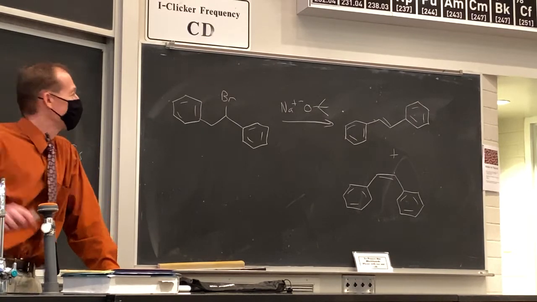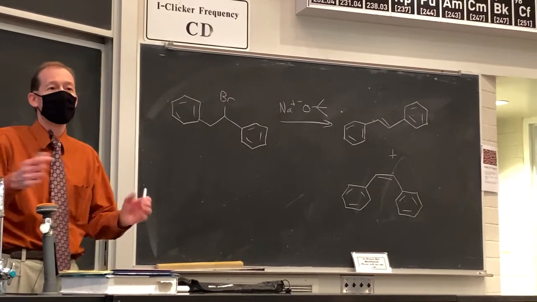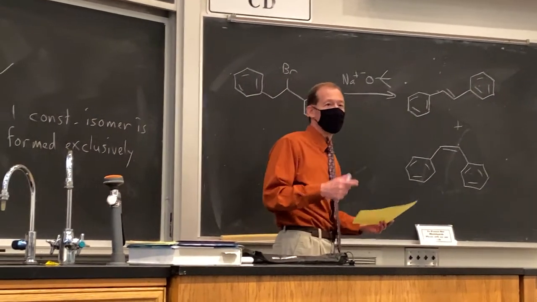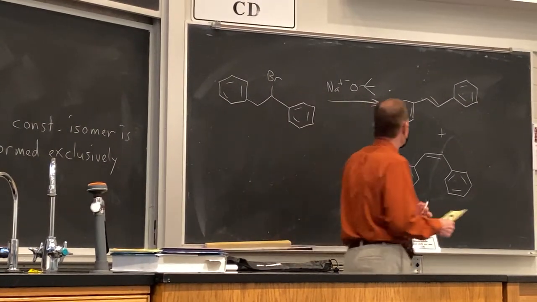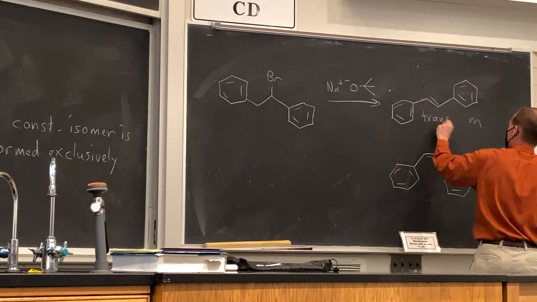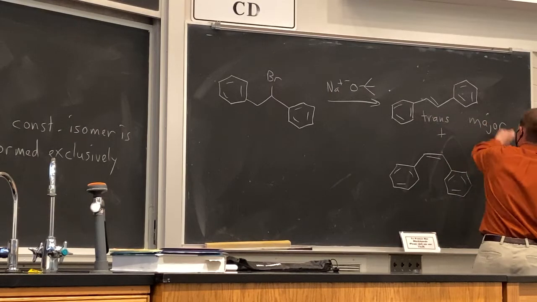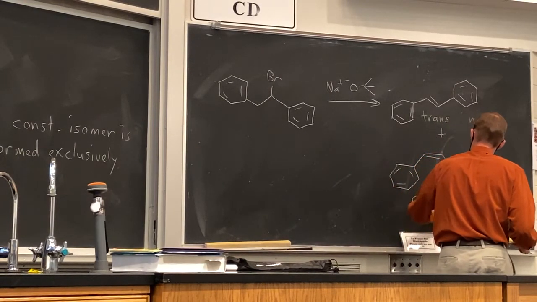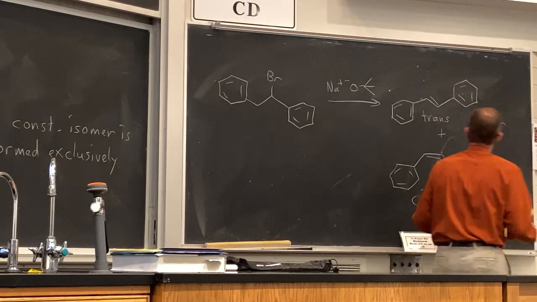Okay, there's definitely less steric hindrance in the products, but what matters in making this the major product is that there's going to be less steric hindrance in the transition state. So this is our trans isomer, and that will be our major product. This is our cis isomer or diastereomer, and that will be our minor product.